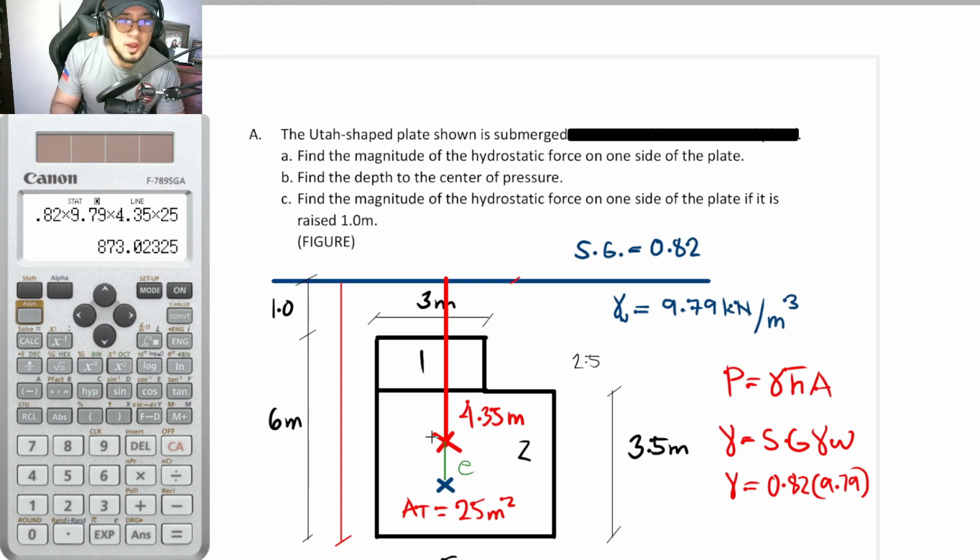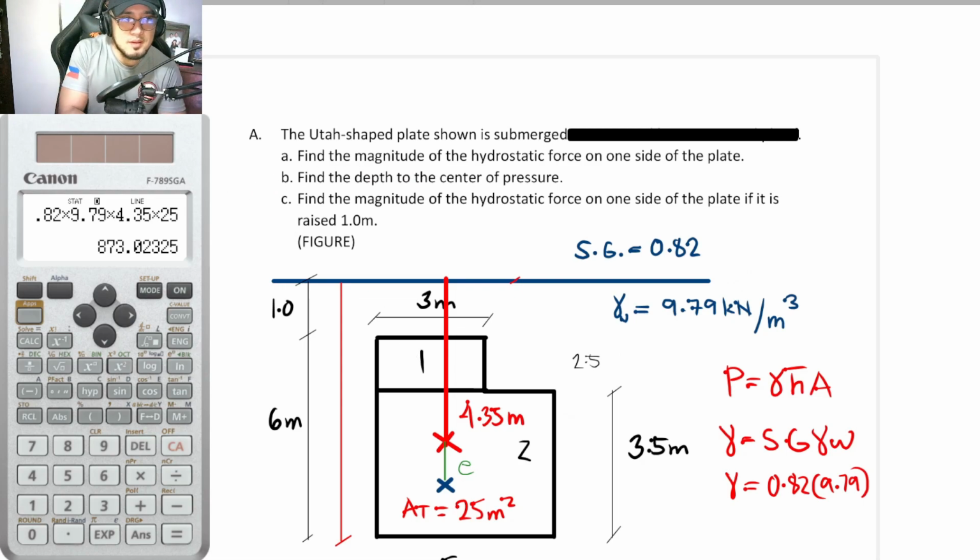And as for bar Y, it must be parallel to, or along the direction of the plate. And coincidentally, since this plate is vertically upright, vertical po siya, nakatayo po siya, if we measure along its body towards this point, it is the same as bar H kasi naka-vertical po siya. Pero pag naka-slant po siya, of course, it must be measured in a slant manner.